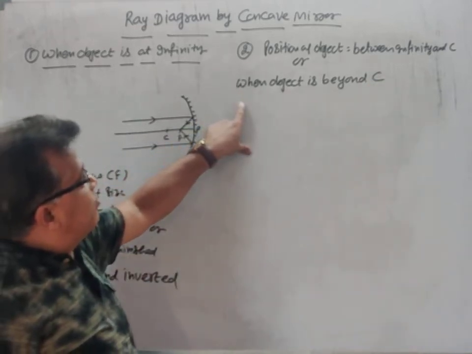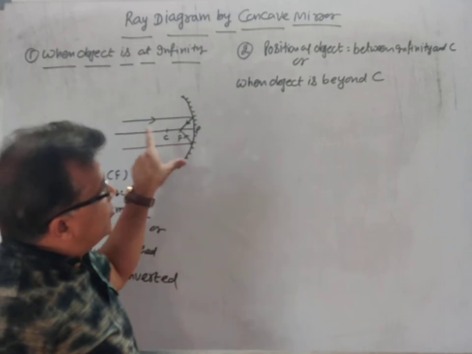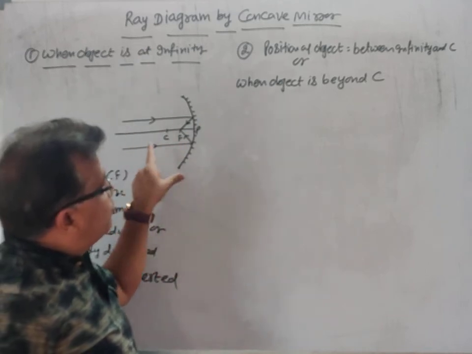So all these have the same meaning: object between infinity and center of curvature, object beyond C.